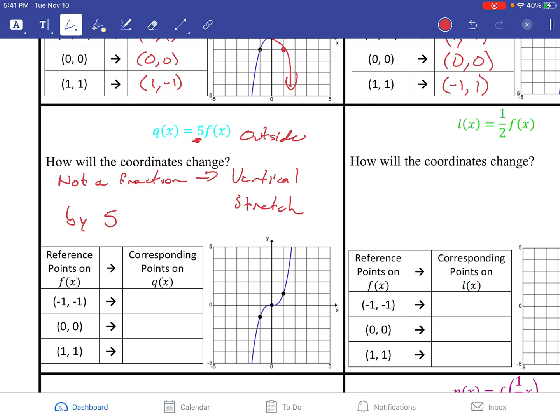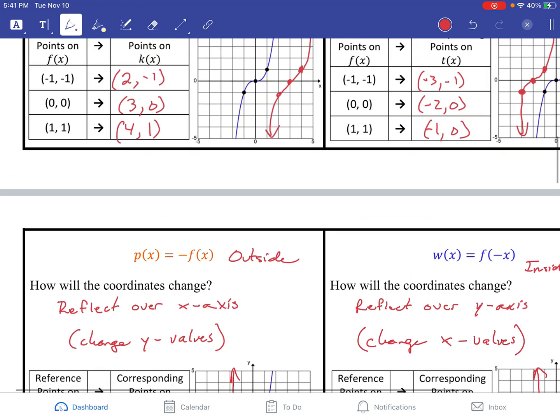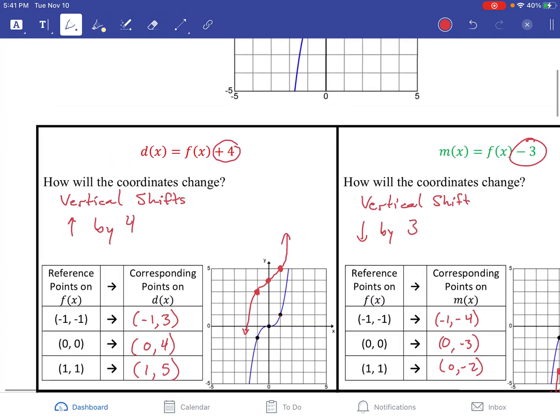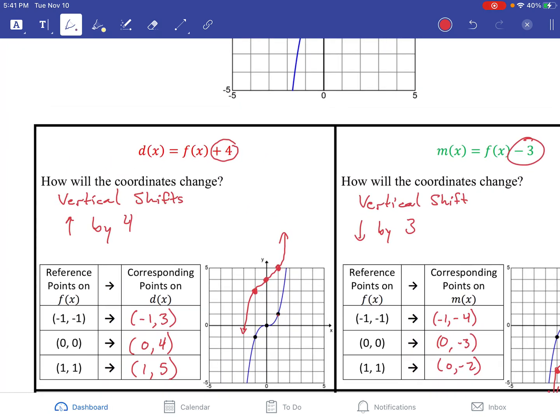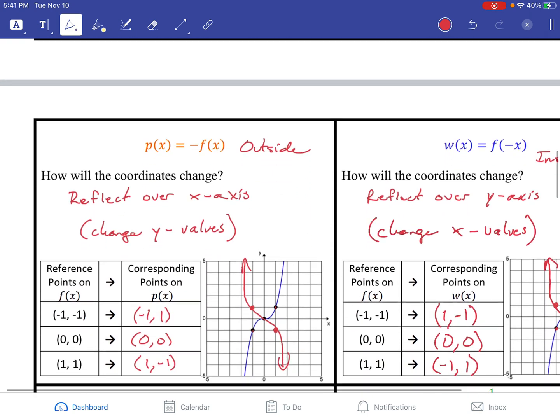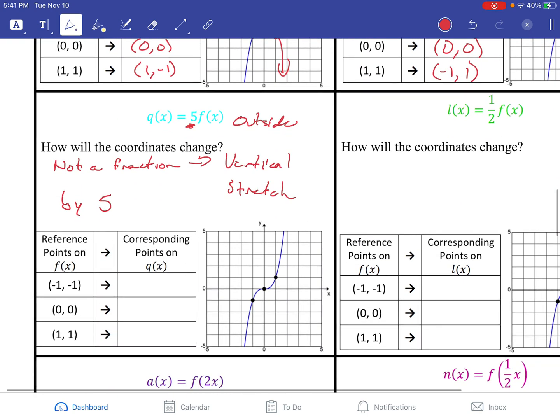Okay, so if you remember the first couple things we did, let's go back up to the top. When it's on the outside, like +4 and -3 were, it shifts it. It's a vertical shift. This is a vertical stretch. But all those things affected the y values. This is the same thing. Rather than adding, though, we're going to be multiplying. So we're going to multiply the y values by 5.